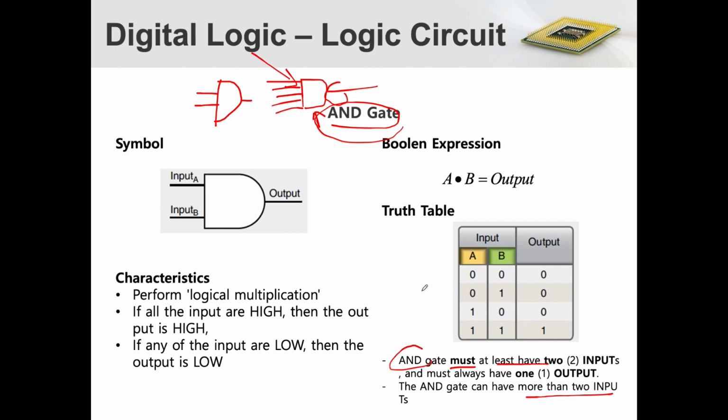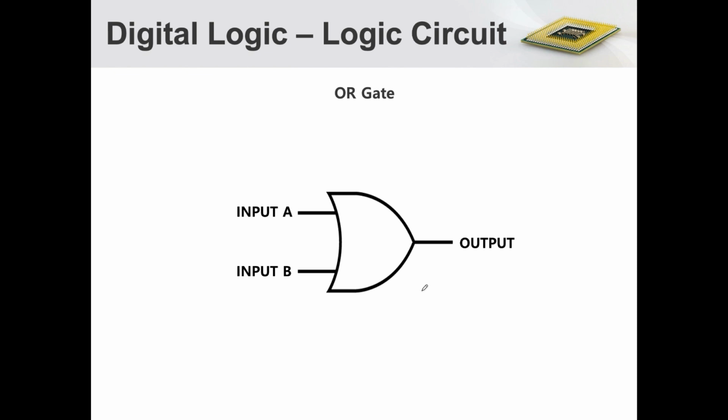Is it okay? So let's move to another, which is the OR gate. The OR gate looks like this. Normally I just draw it like this. It looks like a moon, and of course I have 2 inputs and 1 output, and I told you this is just labeling.